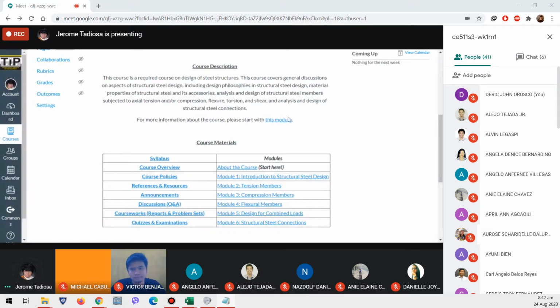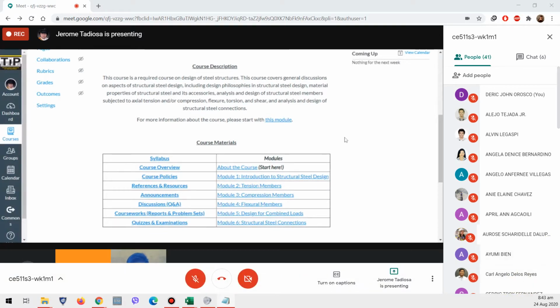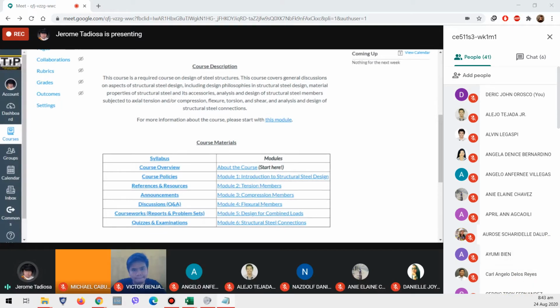So, course description. This course is a required course on design of steel structures. This course covers general discussions on aspects of structural steel design, including design philosophies, material properties, analysis and design of members subjected to axial tension and compression, flexure, torsion, and shear, and analysis and design of connections.